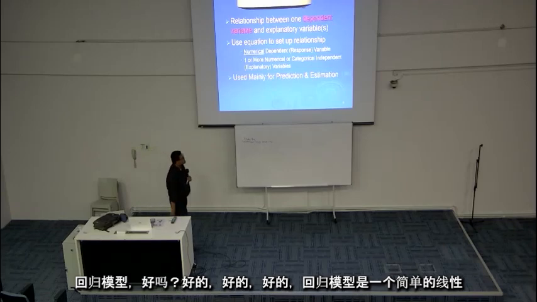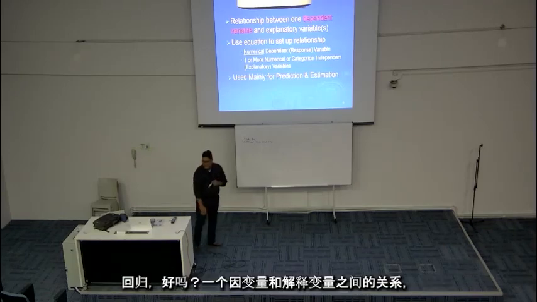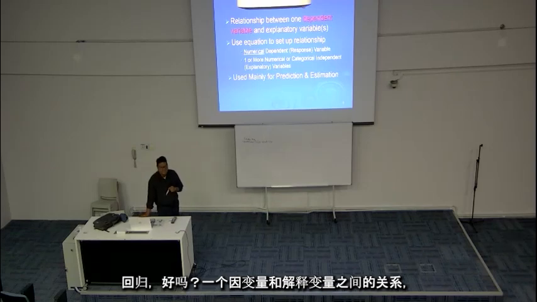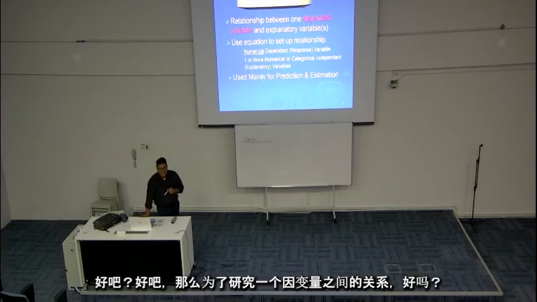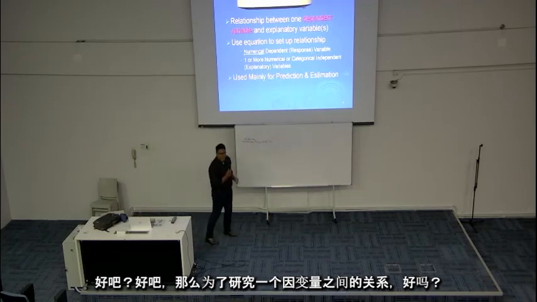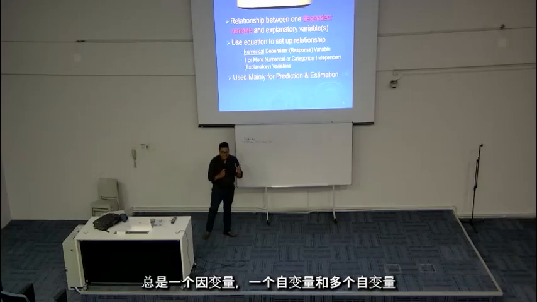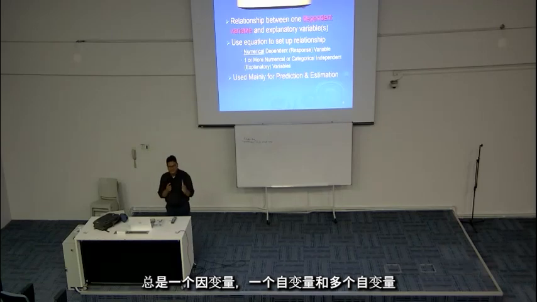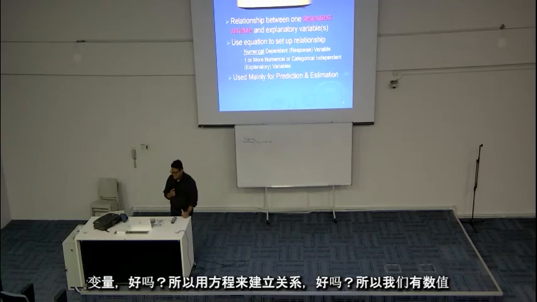The regression model is a simple linear regression: the relationship between one dependent variable and explanatory variables. It is always one dependent variable with one independent variable or multiple independent variables. We use an equation to set up the relationship.